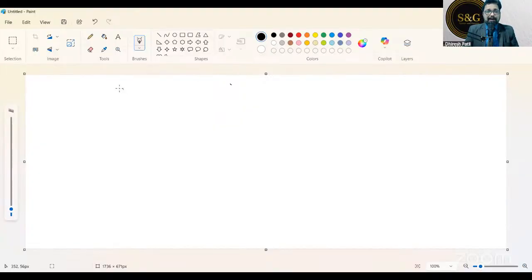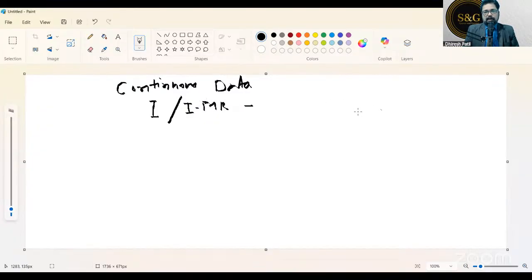So we are talking about continuous data today. When you have continuous data, you have generally three types of charts: I chart or IMR chart, which we are going to practice today on Minitab itself. Now understand this, when do we use this chart?